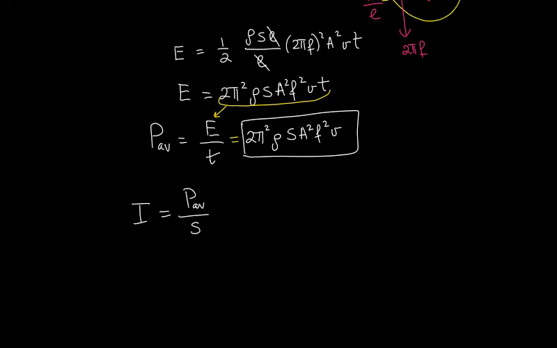If I plug in the expression for average power, I end up having 2 pi squared rho A squared F squared and V.